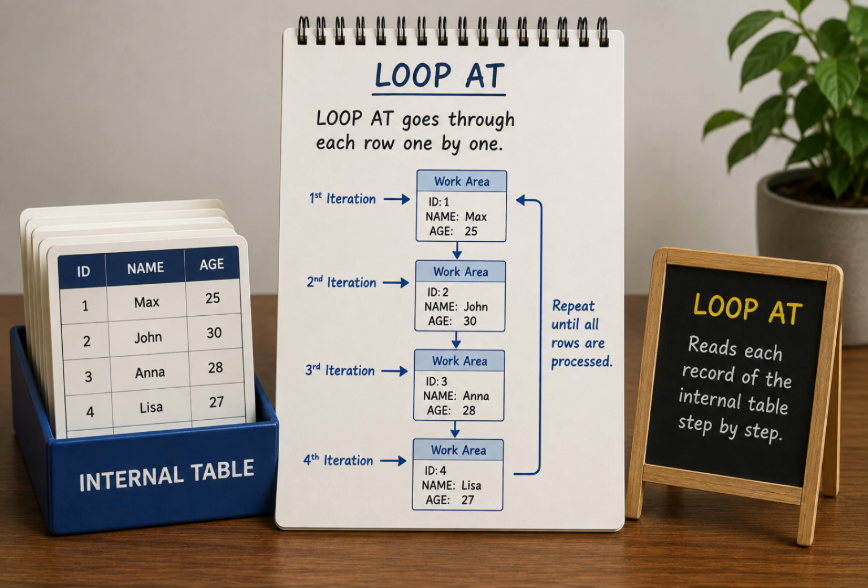During each loop, the current record is stored in ls_employee. We can then display the individual fields. During the first loop, ls_employee contains Max, 25. During the second, John, 30. During the third, Anna, 28.